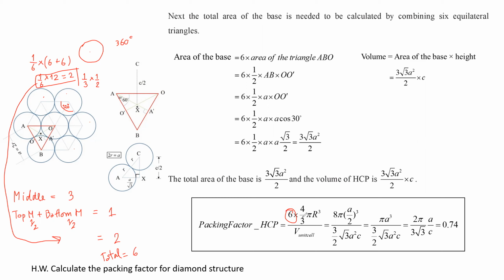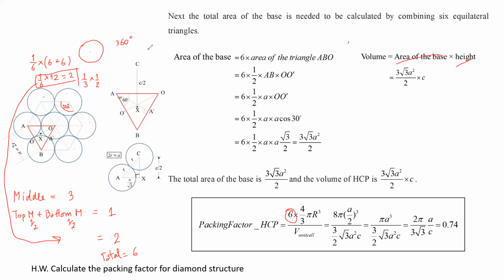And 4 divided by 3 pi r square, right? So this is the volume of one solid atom divided by the volume of the unit cell. Okay, so now let's go to the volume of the unit cell. So it's just the area of the base, right, multiplied by the height.